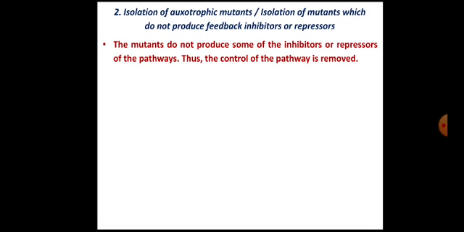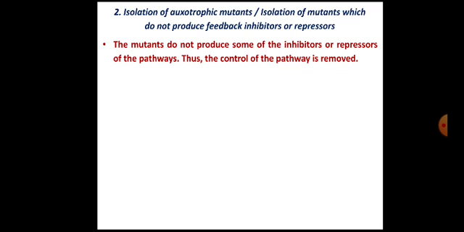You see that there are two types of organisms, prototrophic and auxotrophic. When wild type or natural isolates, we call them prototrophic organisms. When they are mutated, they lack the ability to synthesize a particular compound.